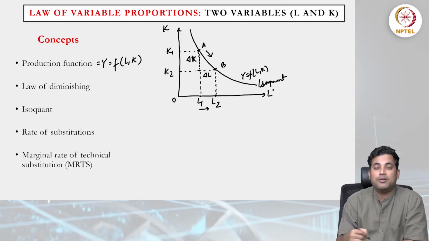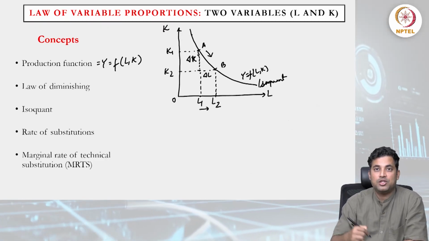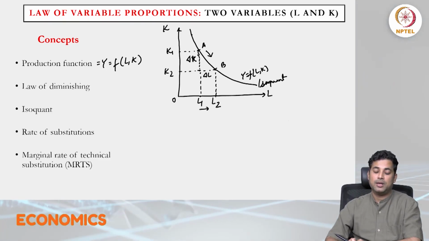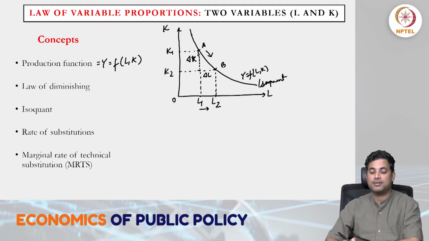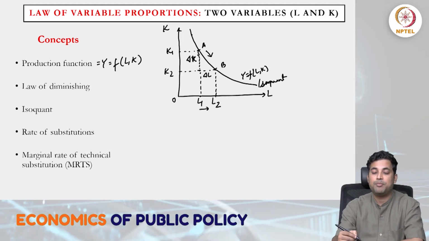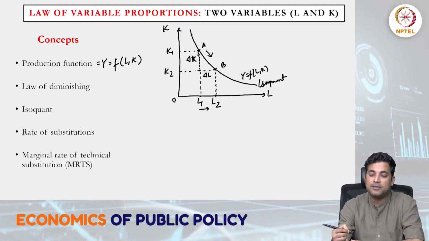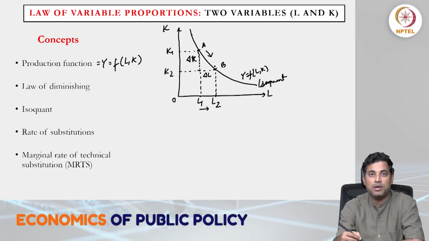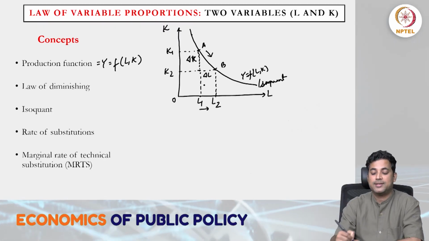The isoquant curve shows all the combinations of labor and capital for the firm to produce, and that's how production is taking place. So the producer will be happy to be at either A or B, because the producer will be on the same isoquant curve.